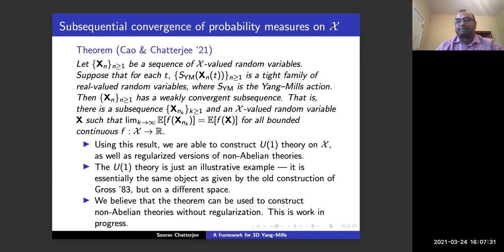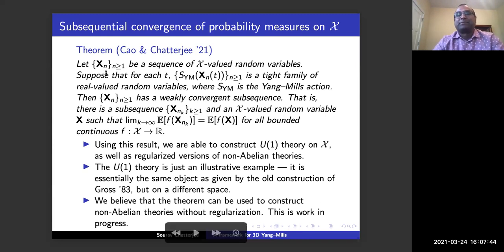So for each t, the measure on the line induced by that function, that sequence of measures, that's tight. Sorry, I presented in this probabilistic way using random variables, but another way to say that is, suppose you have a sequence of probability measures on the space of script x, so that the push forwards of the measures under these two maps.